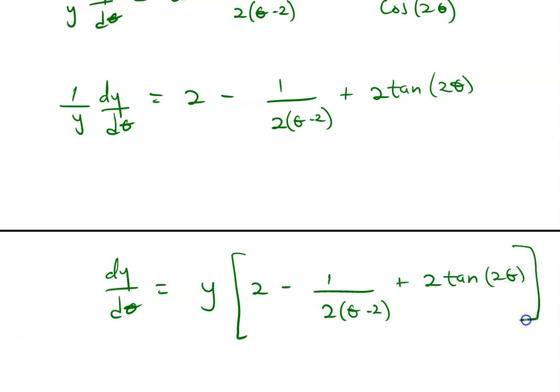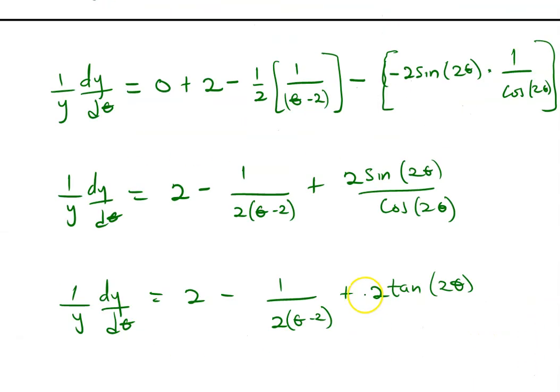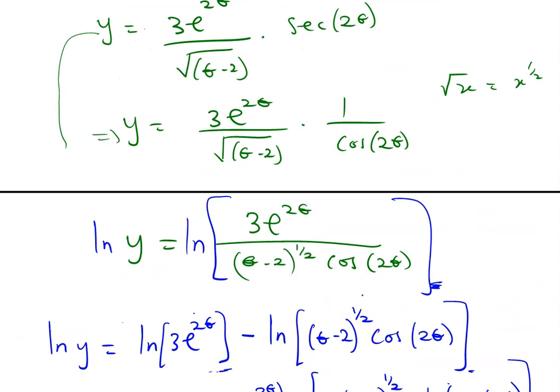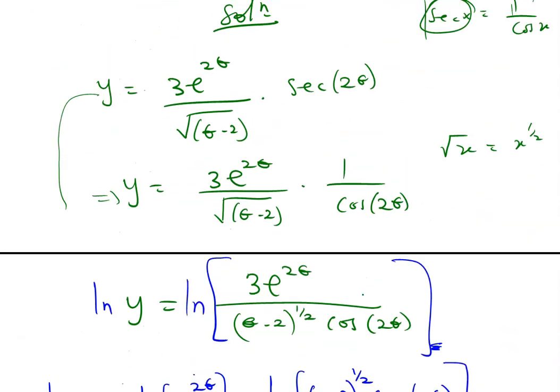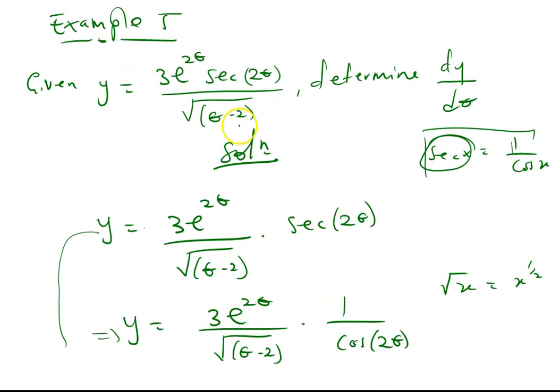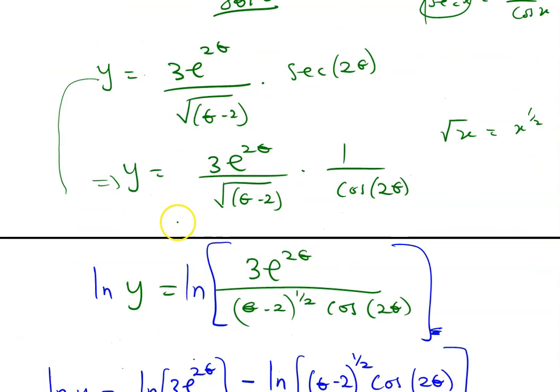Very good, I think we are on track. So what is the value of y? The y is given in the question as 3e^2 theta sec 2 theta, all on the square root of 2 theta.